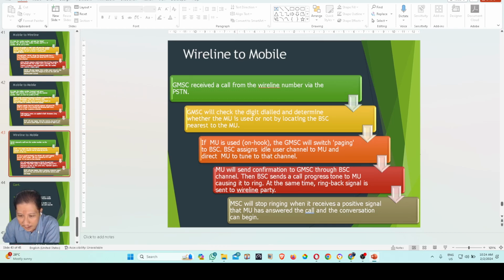Then the BSC sends a call progress tone to the mobile unit causing it to ring lah. Dia akan tunggu lah. Okay, tunggu sampai another party tu hang up, baru dia akan ada lah. Kamu tak boleh terima call tu daripada two line together lah. Dia mesti ada one waiting and one active lah. Dia tak boleh ada two active lines at the same time lah.